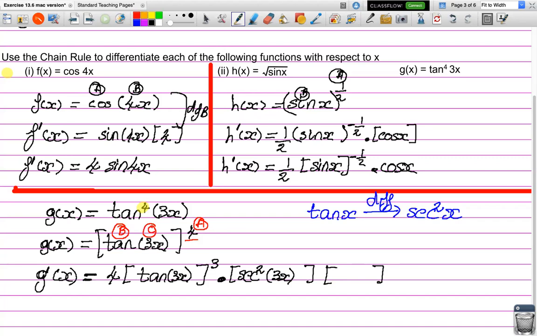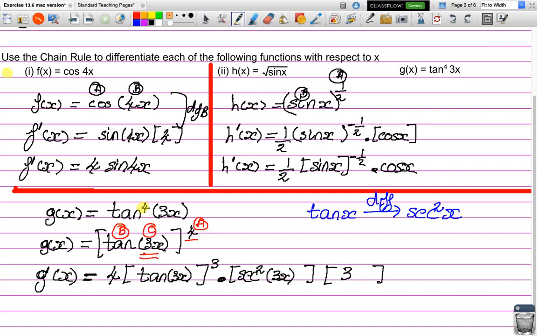Now, since c is equal to 3x, the differential of c is going to be equal to 3. That's the line you have to work out, and that's the line you have to learn. Now, what you should do in a real exam, of course, is tidy this line up.